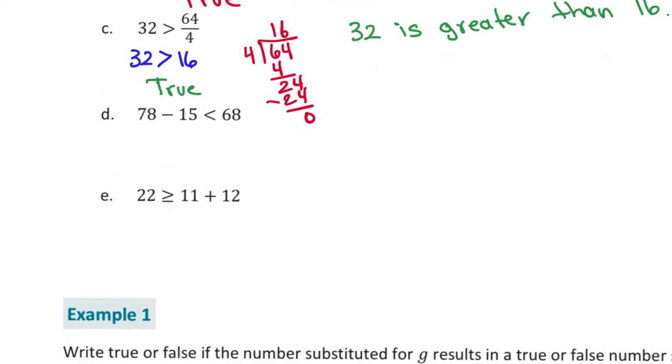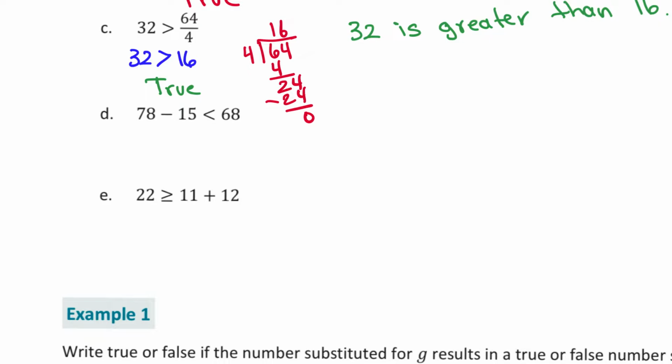Let's look at the next one. 78 minus 15 is less than 68. Let's simplify. Erase this part here. Let's simplify 78 minus 15. You subtract.